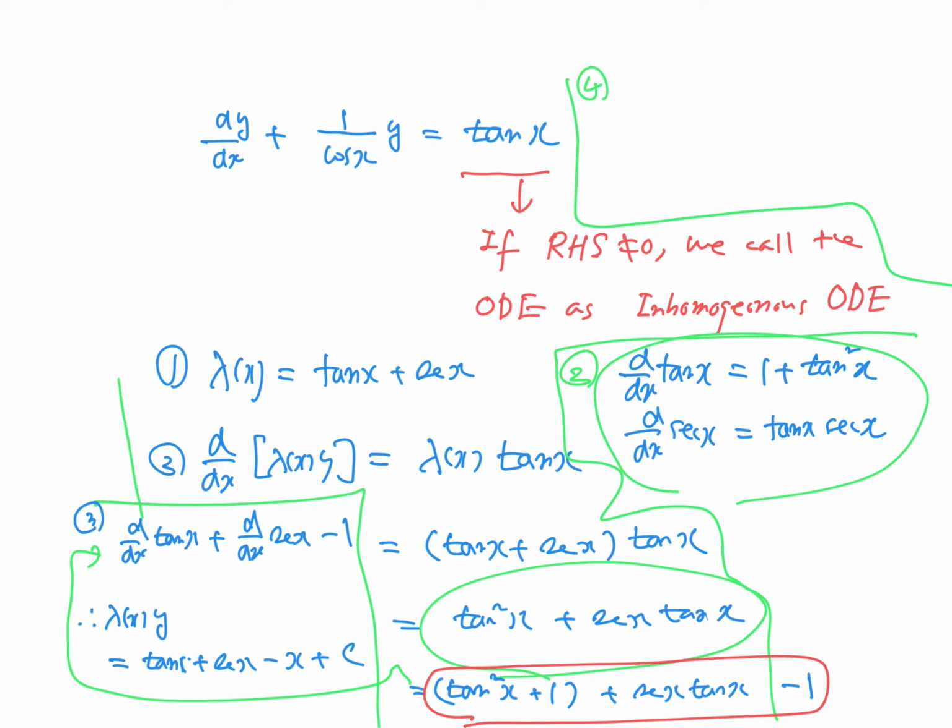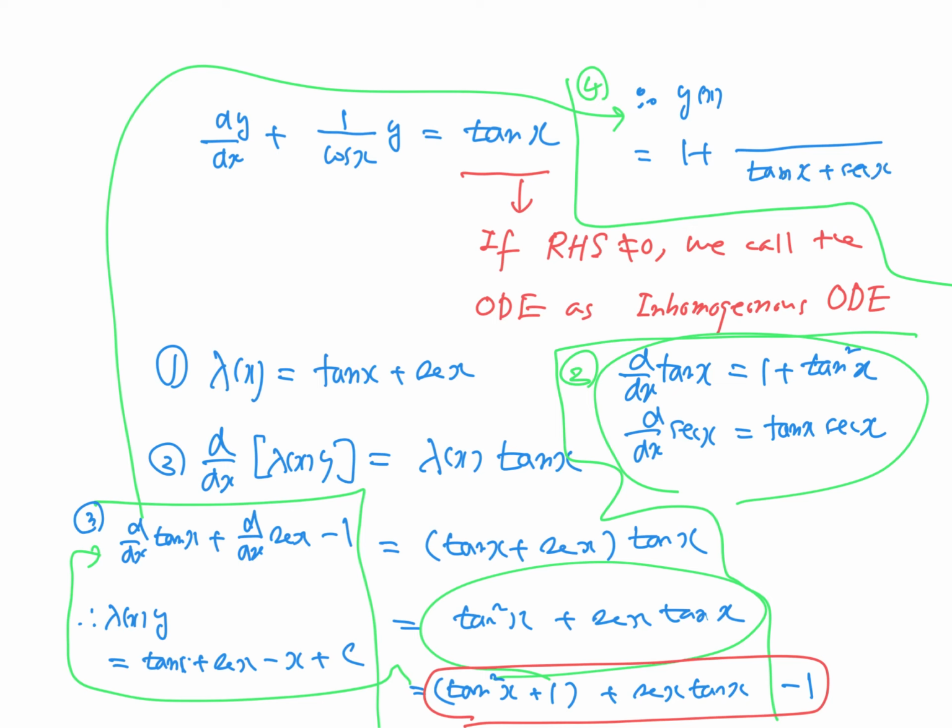We can go this way. So y of x is 1 over tangent x plus secant x, times c minus x. C is a constant.